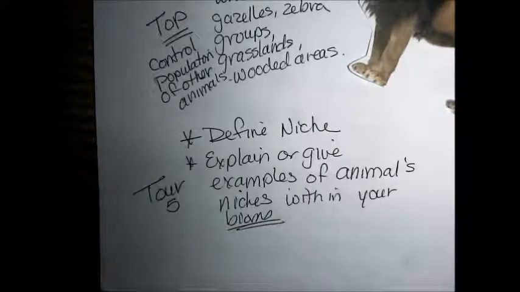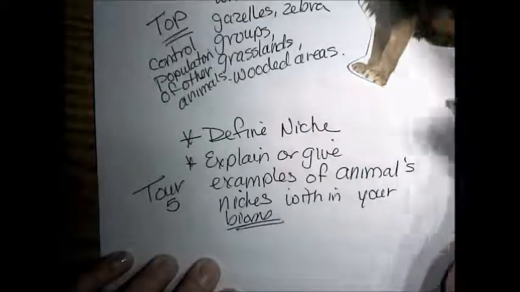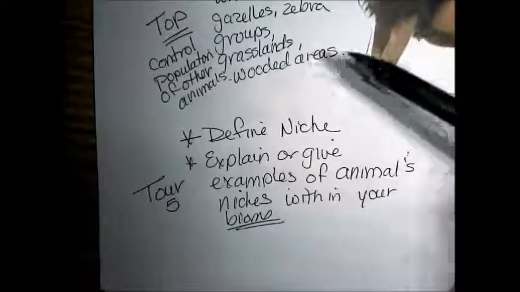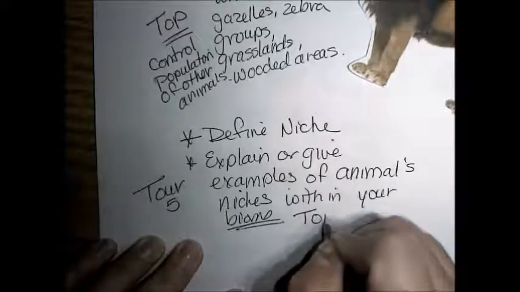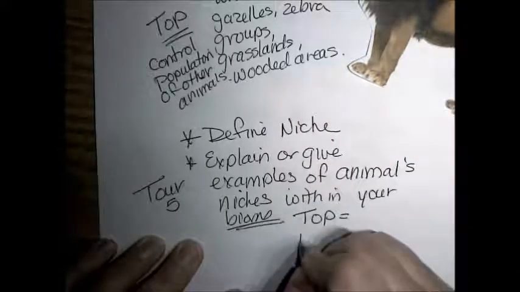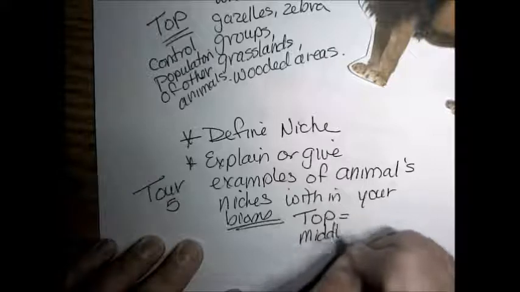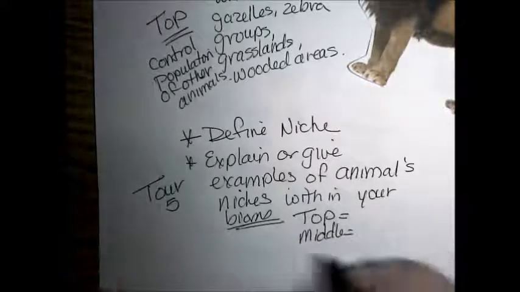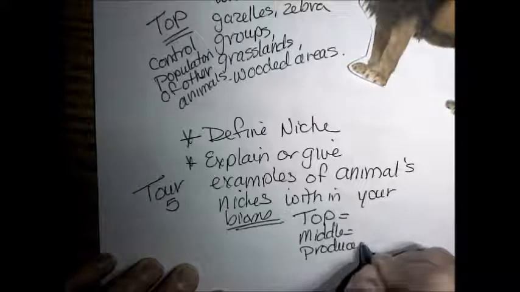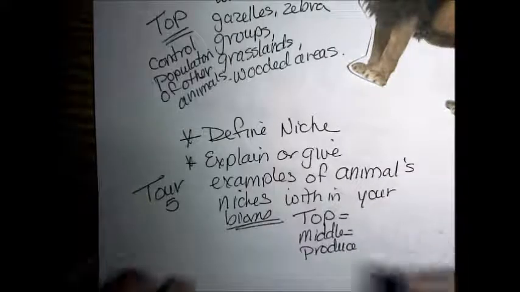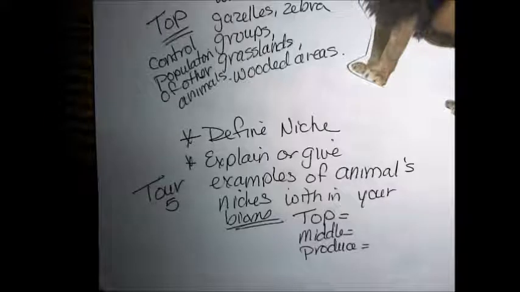And I'm going to challenge you here. The examples that I gave you were both top of the food pyramids. So maybe think of something that's on the top. Maybe think of another example that's in the middle. And really think of what your producer would be. And a producer's niche is pretty easy, right? It's to supply energy to everything that's around you.